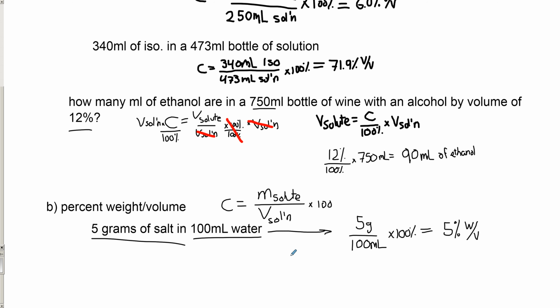So the third kind, and let's see if I can actually scroll. I might not be able to scroll anymore. No. I'm going to pause and make a new page here. And we're back. Okay. So the third kind of percent is called weight by weight.